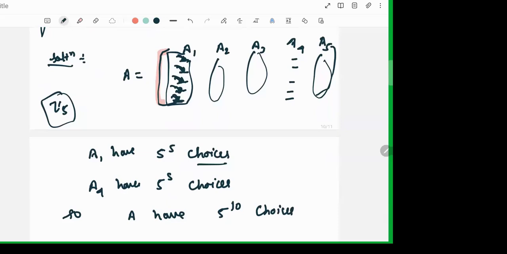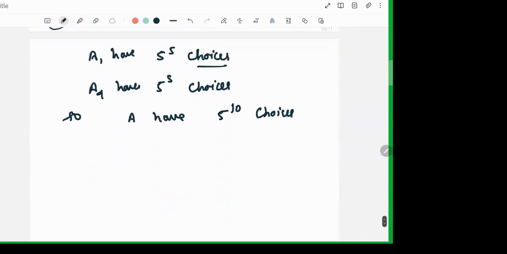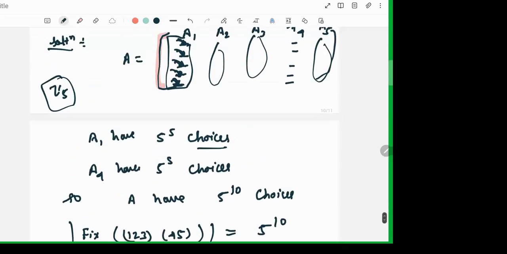So what we need to compute is the cardinality of the fixed point set of this permutation. This set's cardinality is going to be 5 to the power 10, and we have computed precisely how all the elements look.